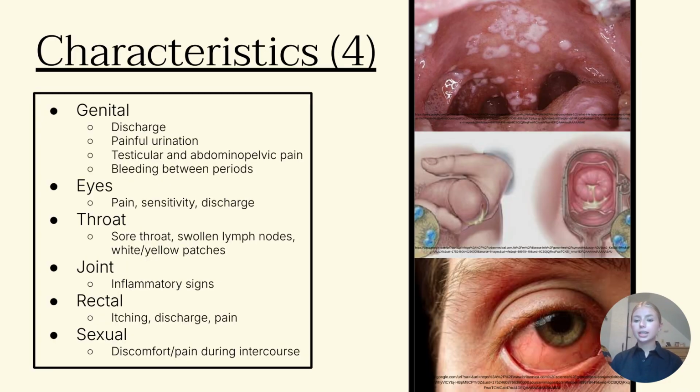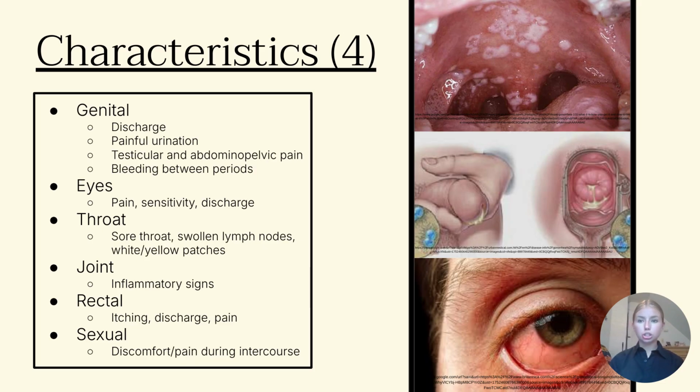A top-ranked health organization by the name of Mayo Clinic categorizes 6 distinct characteristics of gonorrhea if the symptoms are present. If a person is experiencing a symptom in their genital area, they may be experiencing discharge from the penis if they are male, or discharge from the vagina as a female.